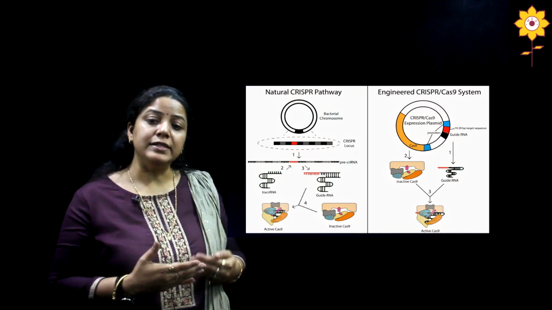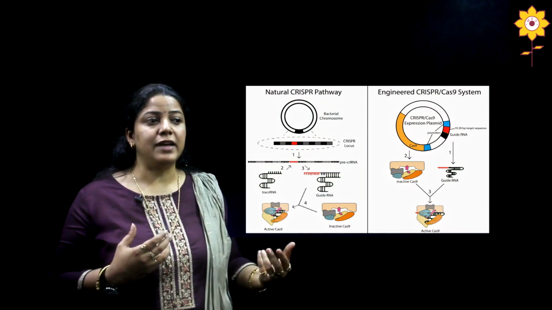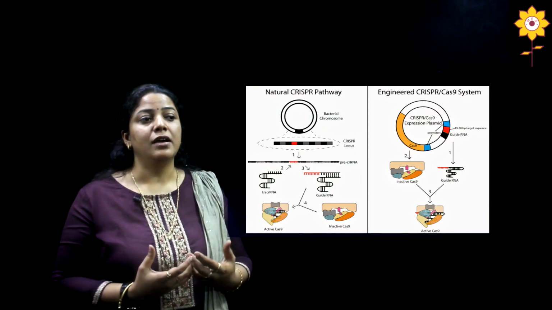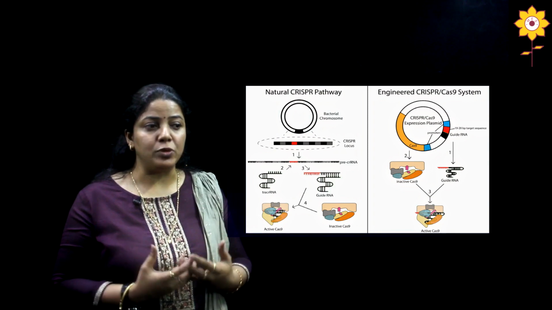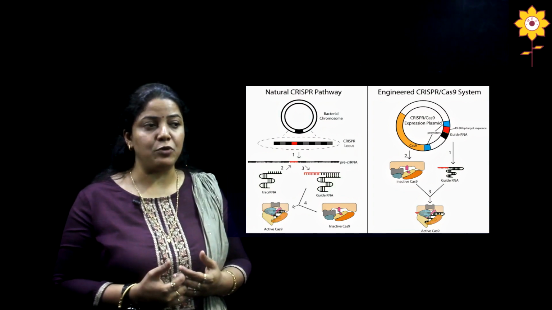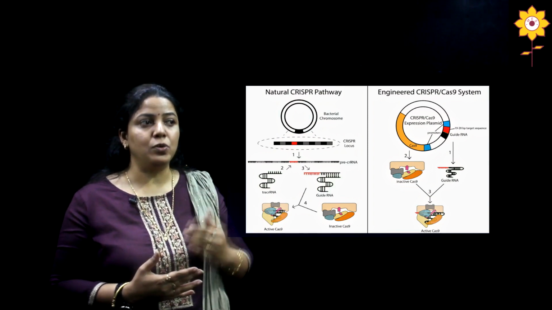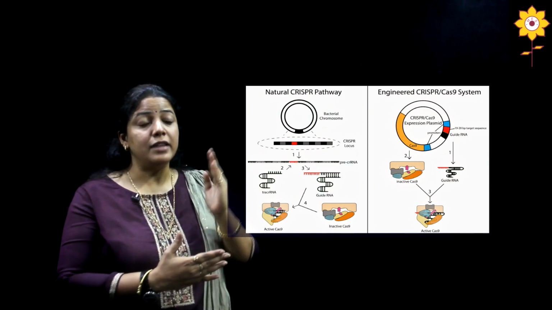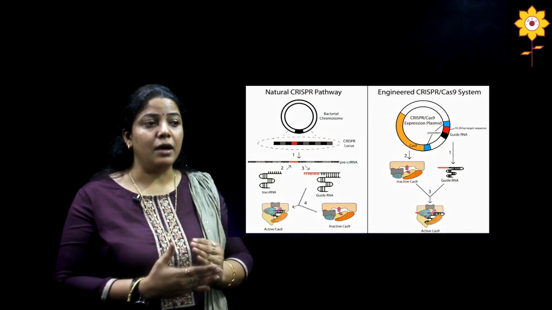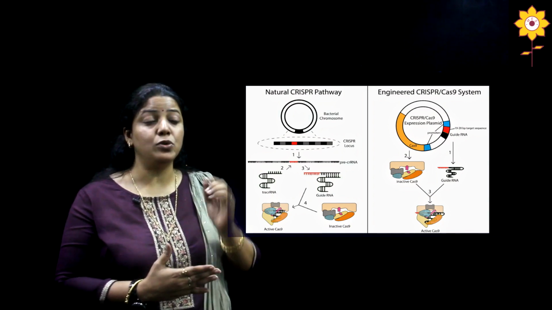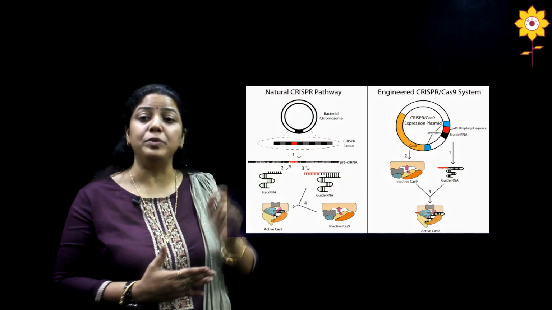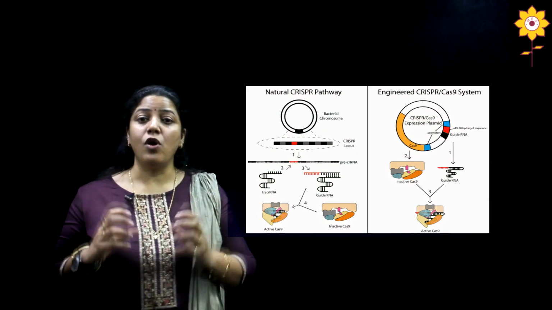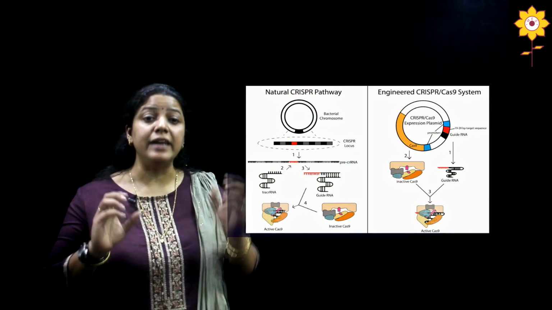Once they get expressed together, this guide RNA and the Cas9 protein will come together, activating the Cas9 protein and directing it towards the target molecule such that it will create the double-stranded breaks. The double-stranded breaks are created because of this activated Cas9 activity.